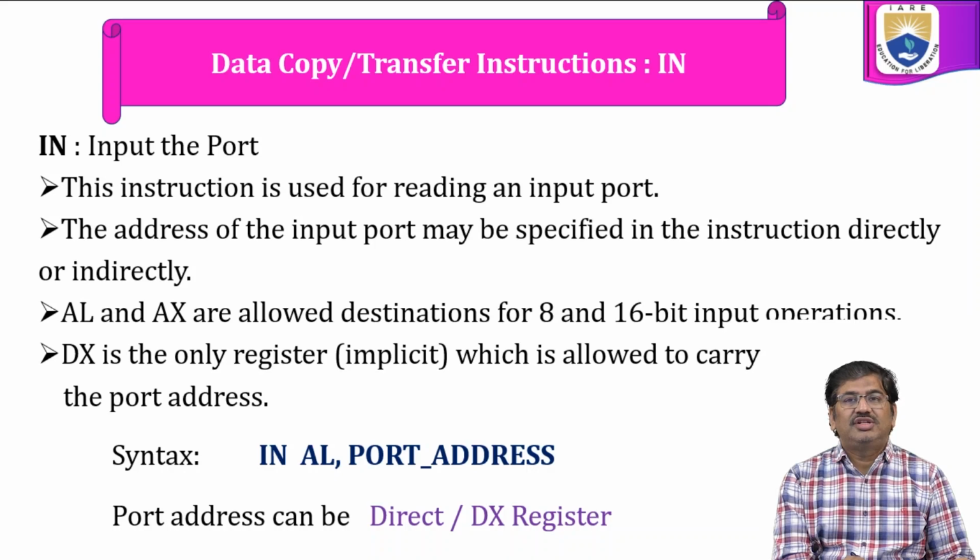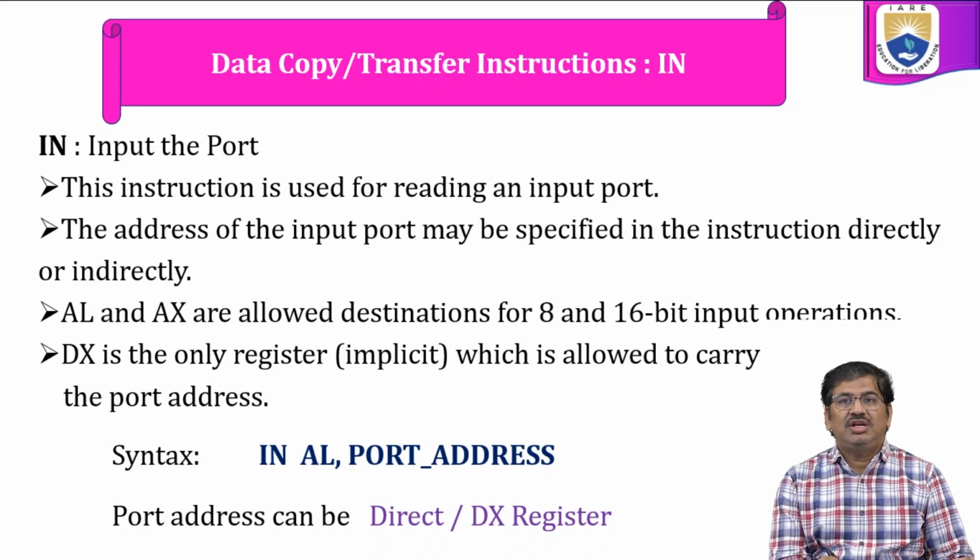The syntax of this instruction is IN AL comma port address, where the port address you can specify directly in the instruction, or you can specify the port address in the DX register. Once this IN instruction is executed, the contents of the IO device connected to the port address specified in the DX register are read into the AL register.